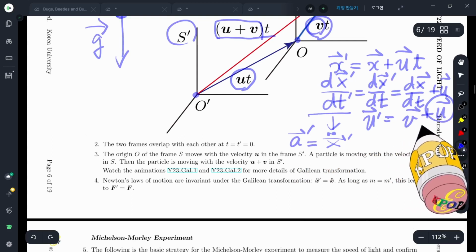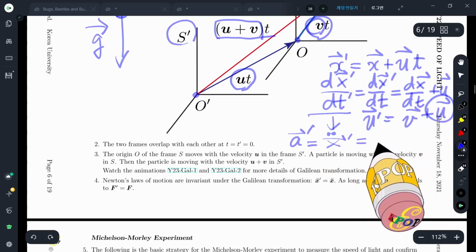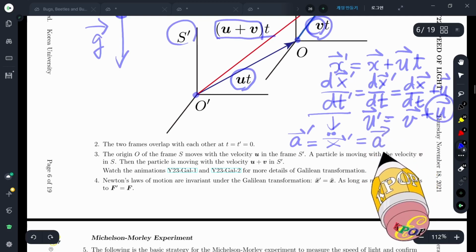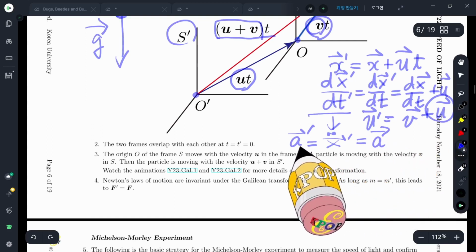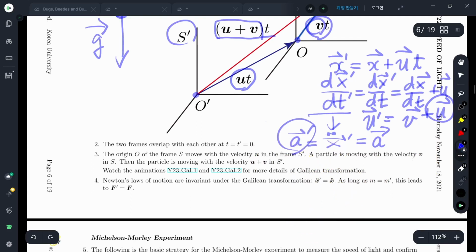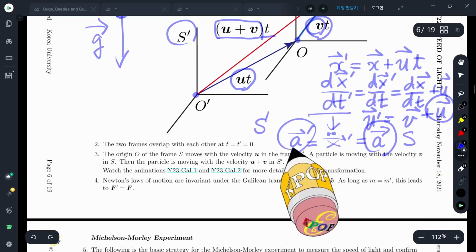And on the right hand side, you will get v dot, that is a in that frame. Because the relative velocity between any two inertial reference frames is constant, it vanishes after the time derivative. Hence, the acceleration in frame S prime and the acceleration in frame S are the same.